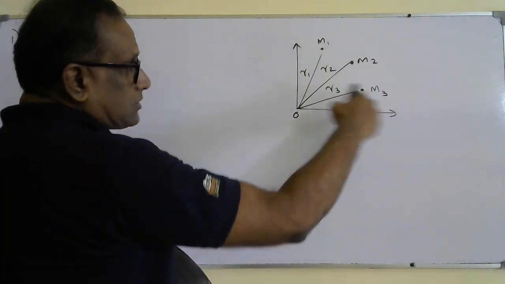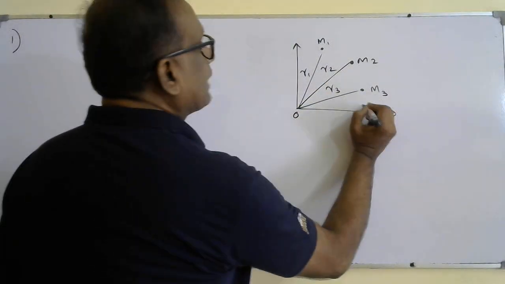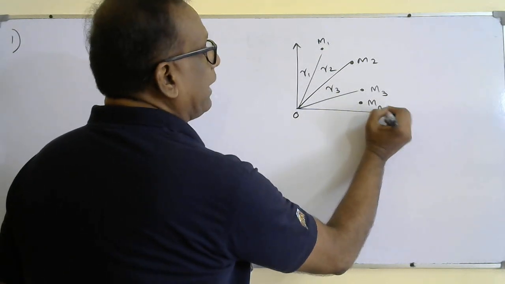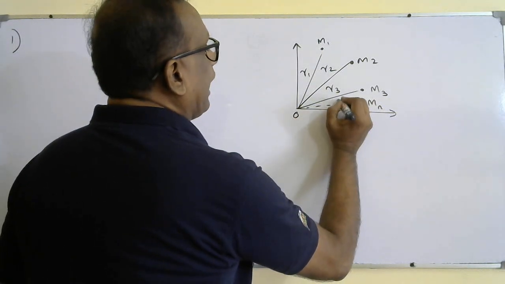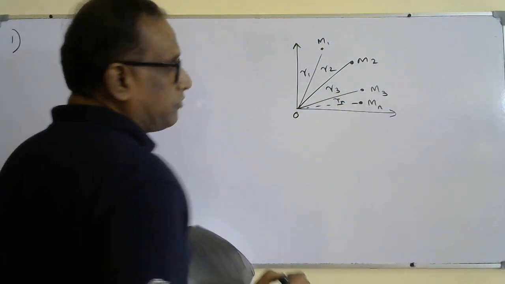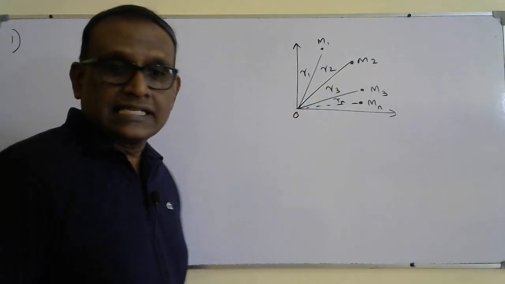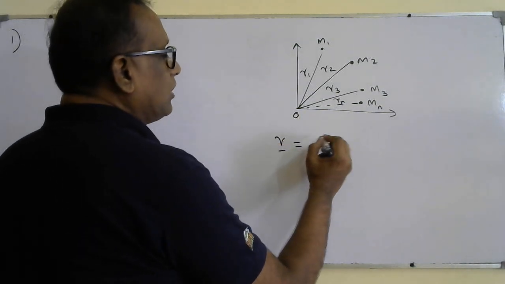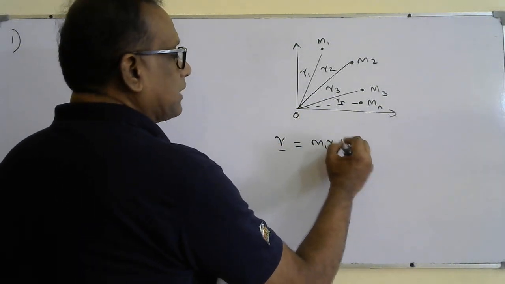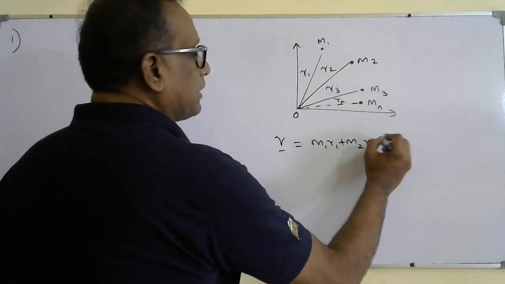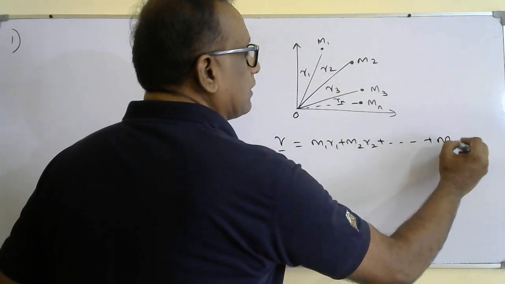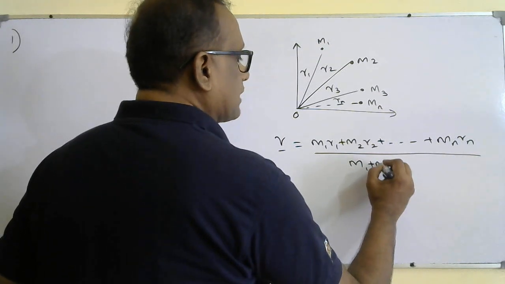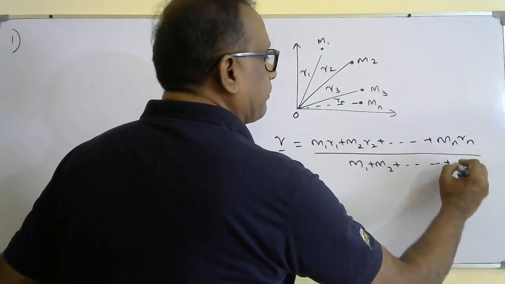So for the center of mass of this system of particles, there are a lot of particles, and there is a point mass mn, its distance from the origin is rn. If you want to find the center of mass of this system of n particles from point O, it's given by R equals m1 r1 plus m2 r2 plus up to mn rn, over the total mass m1 plus m2 up to mn.